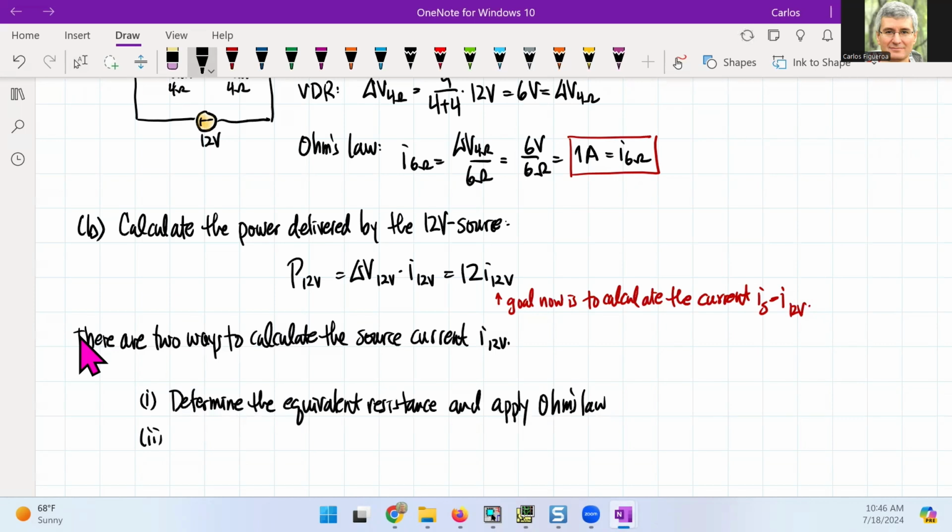Or we can use existing values to determine I 12 volts.